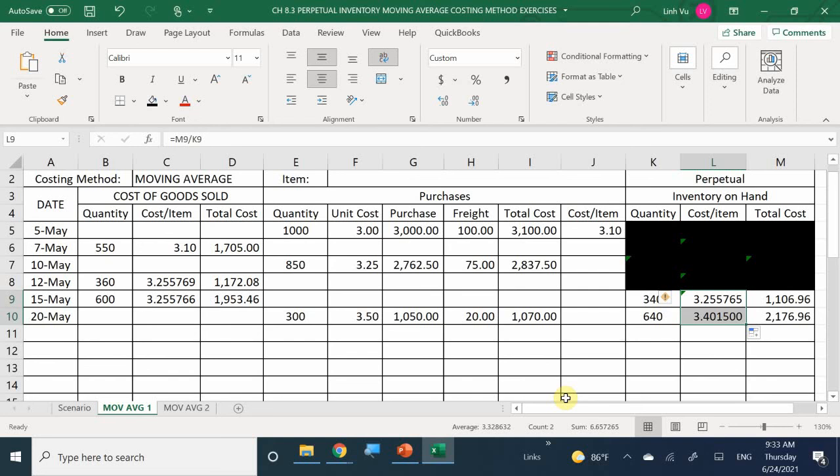Therefore, my average cost will definitely increase drastically, because now I'm introducing more expensive inventory to my original inventory. So in this case, it jumped up 15 cents.